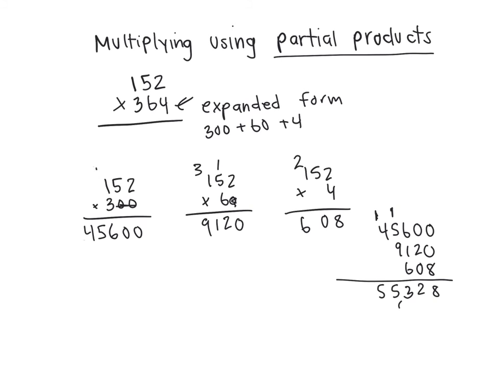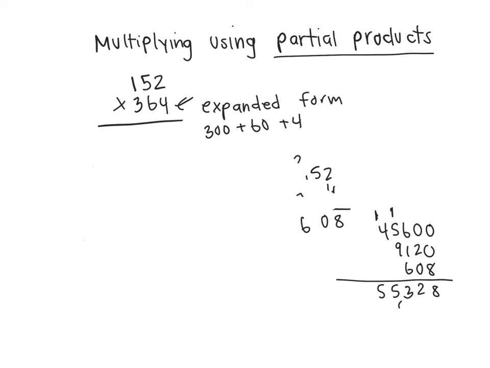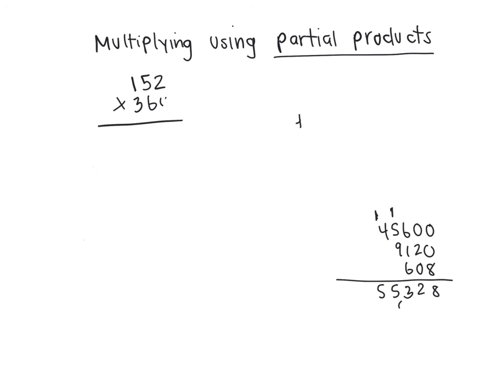I'm just going to erase right here. I'm going to show you what it looks like as the standard algorithm, just so you can see it. It's going to be the same exact numbers. So if I was doing 152 times 364, sorry, I erased my 4 there. I would do 4 times 2 is 8. 5 times 4 is 20.